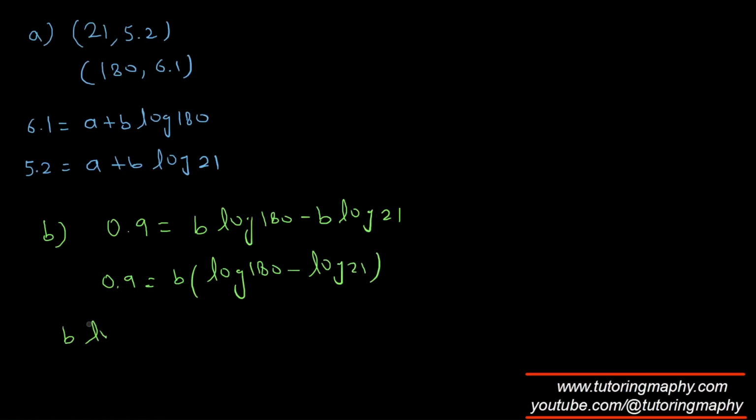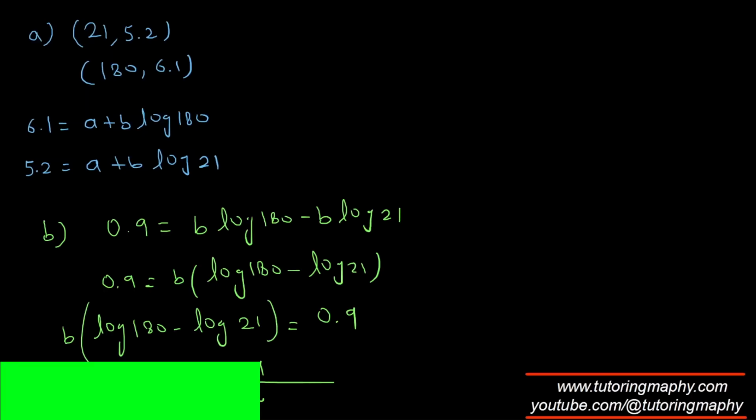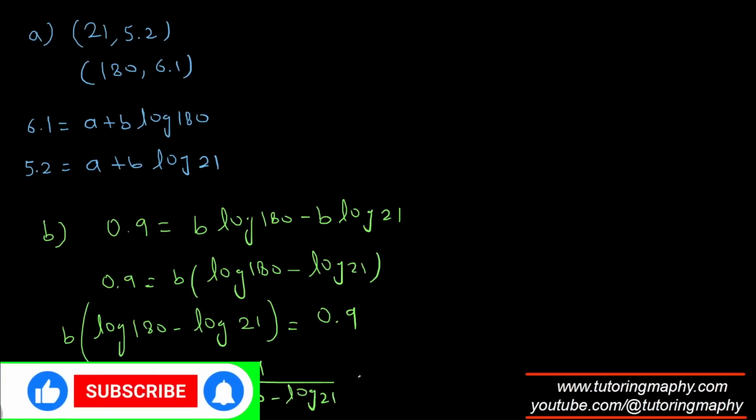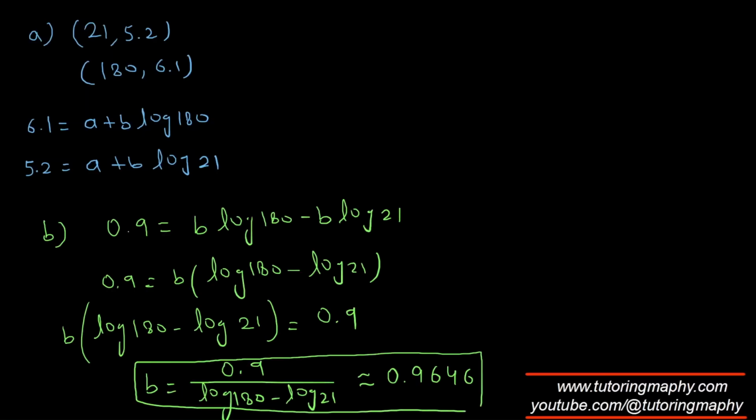So b times log 180 minus log 21 is equal to 0.9. So b will be equal to 0.9 over log 180 minus log 21, which is approximately 0.9646 up to 4 decimal places. So this is the value of b.